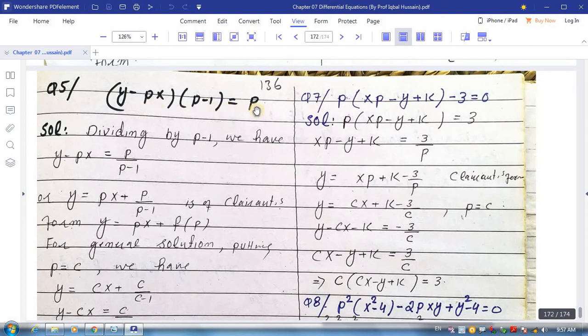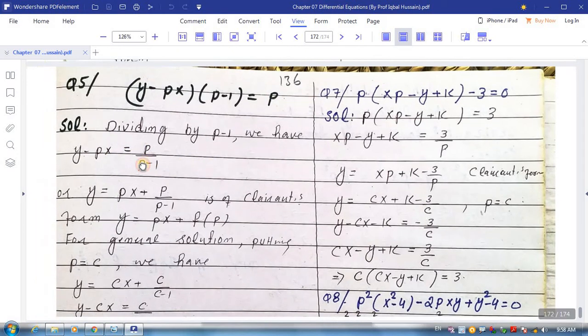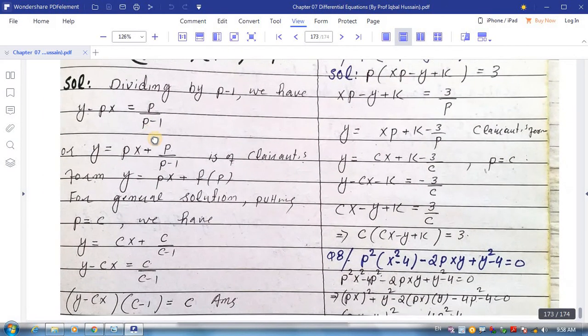This is another question. Dividing both sides by p minus 1, we get y minus px is equal to p divided by p minus 1. Simplifying, y will be equal to px, transposing this term to the left side.